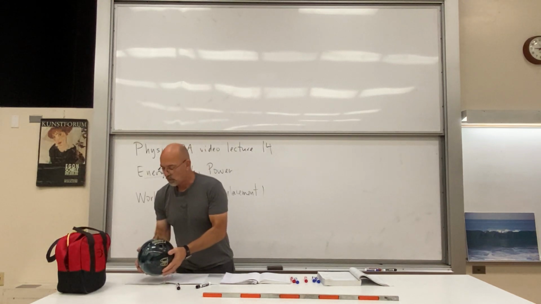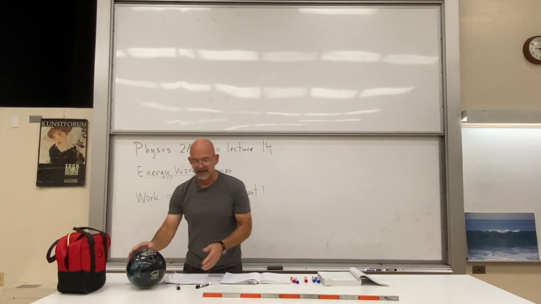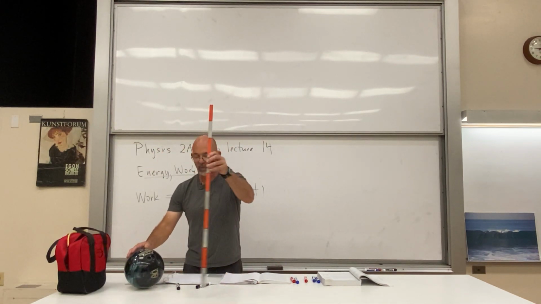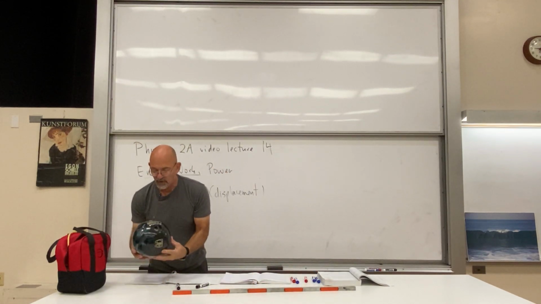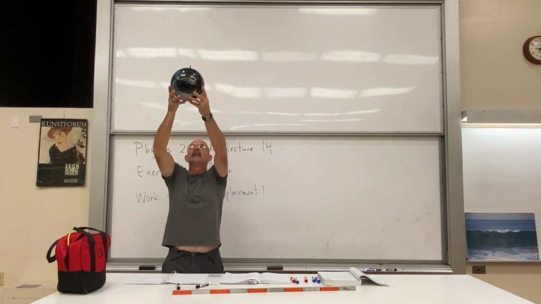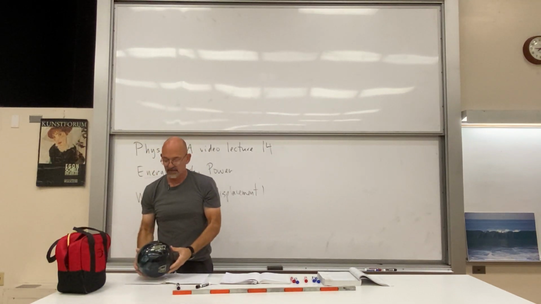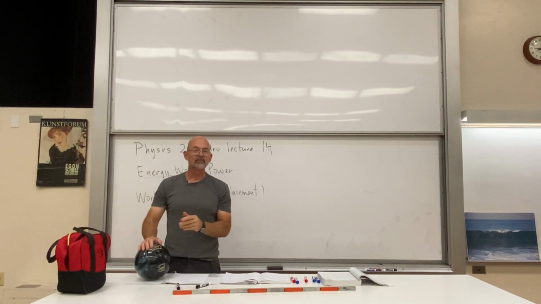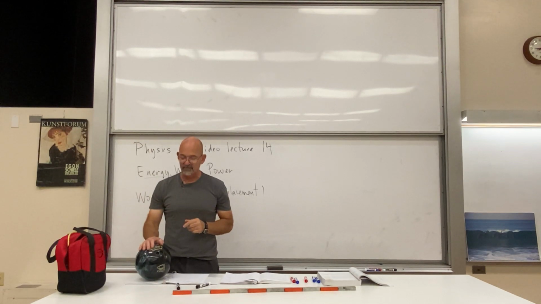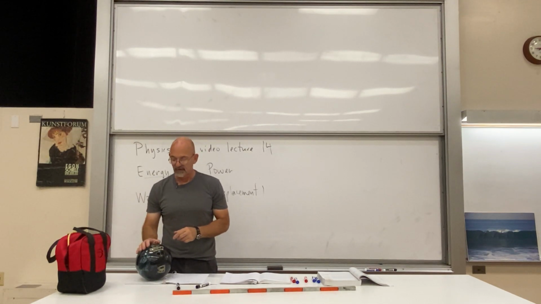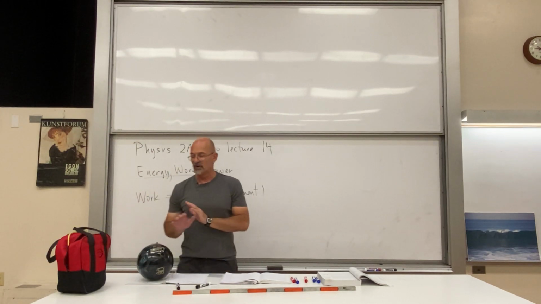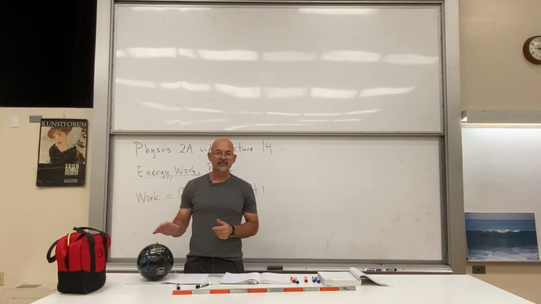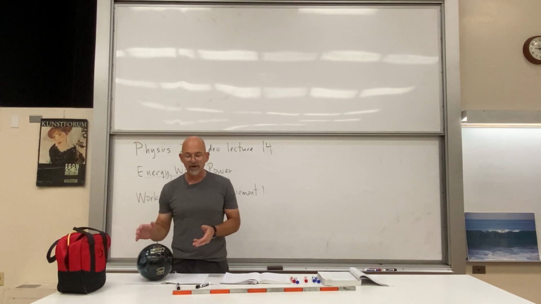Now, the work aspect comes in if I lift it. So here's 1 meter, so over my head a bit. If I lift this bowling ball a full meter, then I've displaced it, okay? I've moved it from one place to another. That's what we decided was the definition of displacement. And that means I've done work, okay? So you never forget this: if you lift something, some weight, you're doing work.